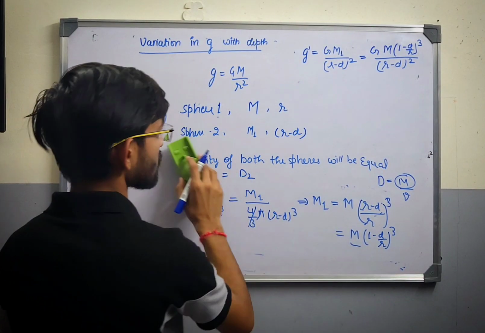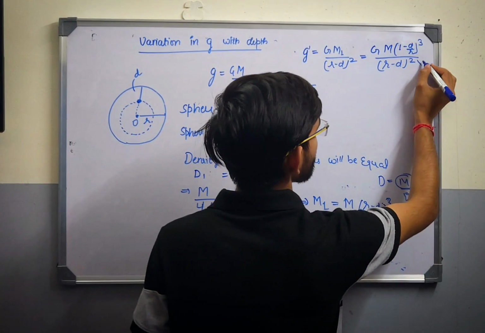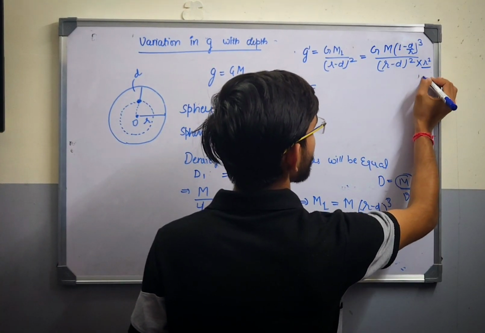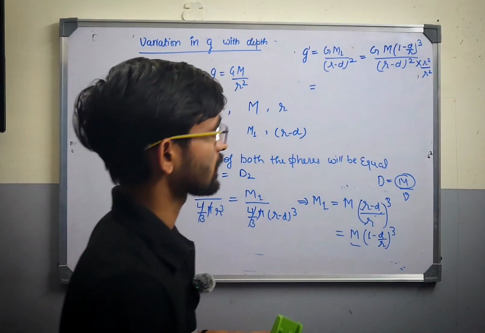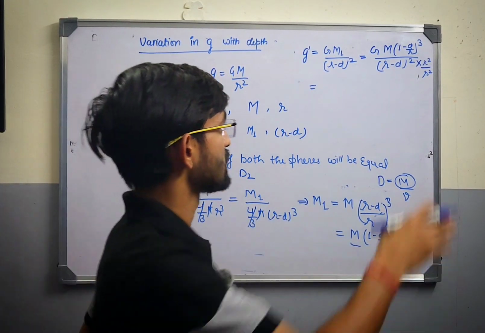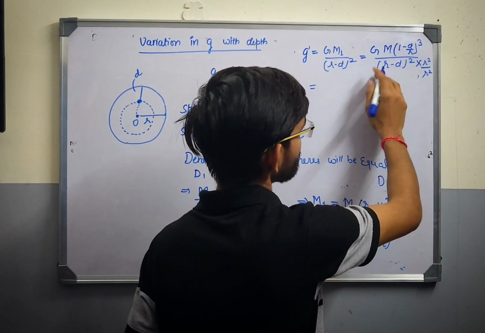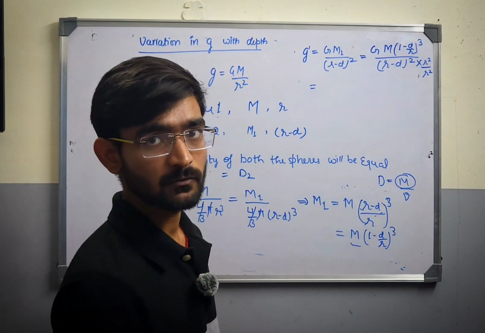I am erasing this part now. We can multiply and divide by r square in the denominator and numerator. As I told you, this will not make any change in the value of this term, because r square upon r square is 1.